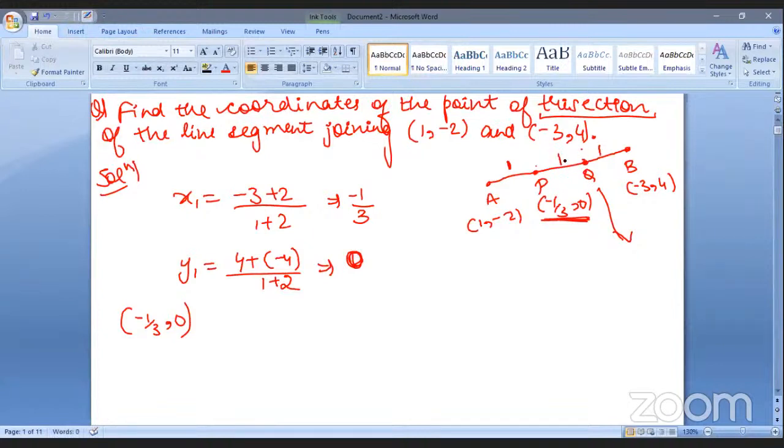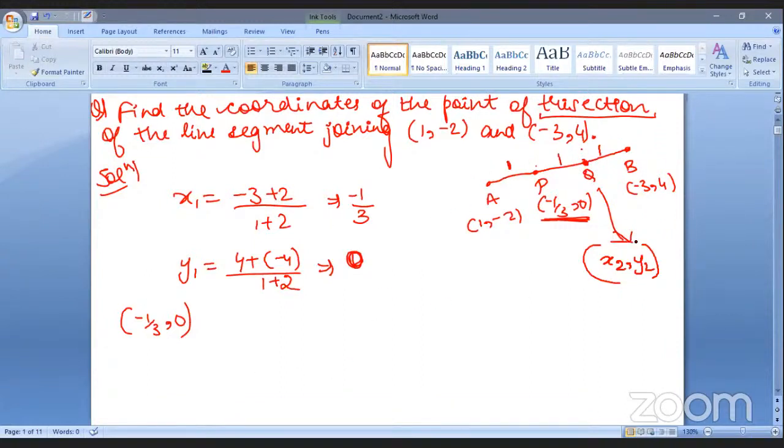So if this is 1:1, this particular point Q is the midpoint of PB. So instead of imitating how we did for P, we'll just apply the midpoint formula to find this Q. Let it be x2 comma y2. Definitely you can do it the other way too: erase P from here, take this whole as 2, take this as 1, and apply that 2:1 procedure. There is no problem in that.